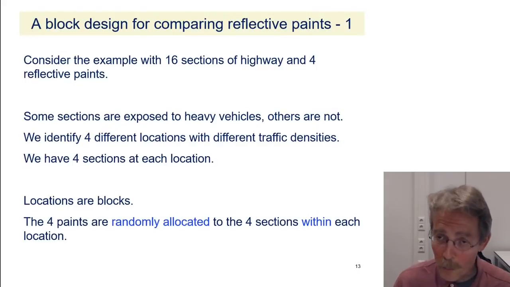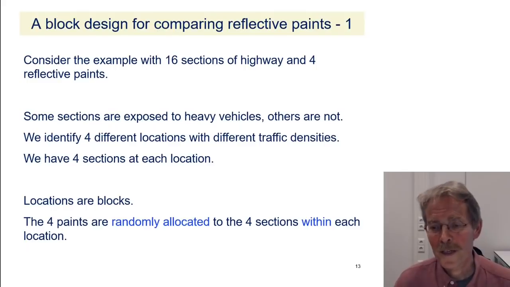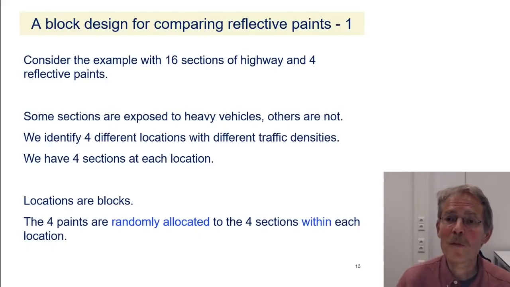Okay, another example. We talked about sections of highway before when we introduced one-way ANOVA. Remember, we had the reflective panes, that we wanted to compare, 4 reflective panes.